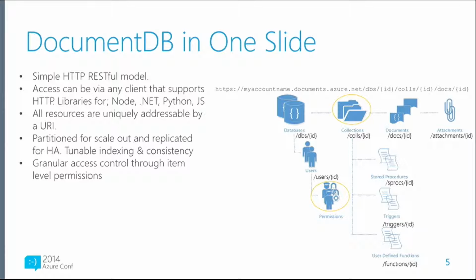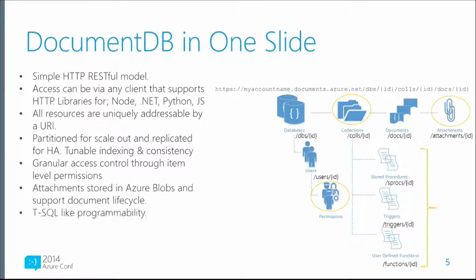It has a granular access control mechanism that allows us to apply item level permissions to the various resources that we have inside our database accounts. And it has a mechanism to support attachments, and those attachments are automatically managed for you into Azure Blob Storage. And we'll have a look at that in some detail later.